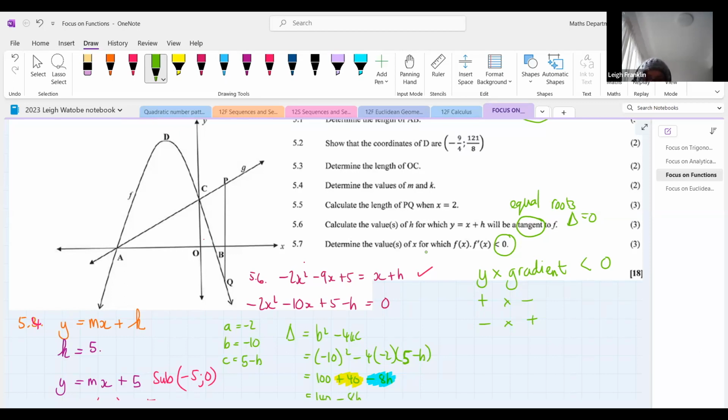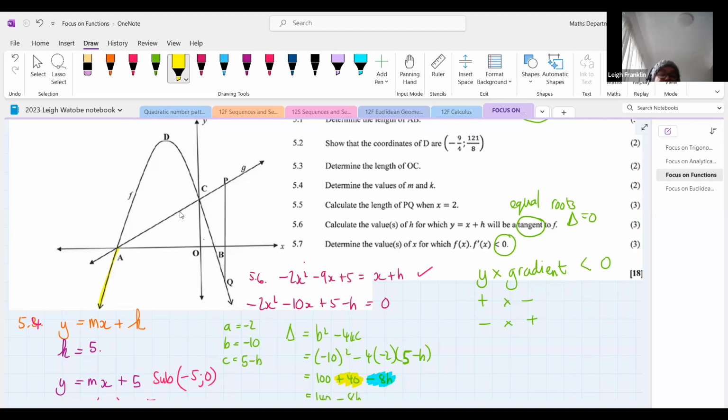So y, positive or negative, is above or below the x-axis. Okay, so either I'm above the x-axis or I'm below it. Gradient, when it's positive, I'm walking uphill. When it's negative, I'm walking downhill. So a place where I am walking uphill, where gradient is positive, but I'm below the x-axis, would be here on f.